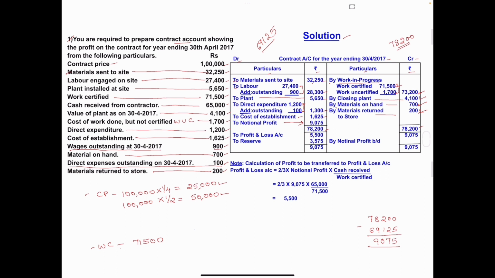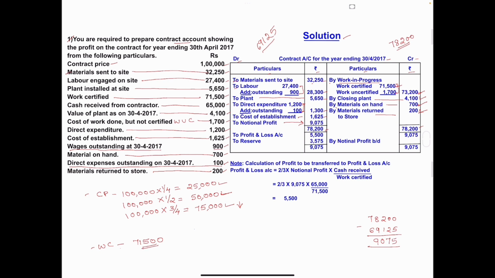The third condition is if the work certified amount is more than half but less than three-fourth of contract price. So we'll calculate the three-fourth of contract price. 1 lakh into three-fourth, you will get 75,000. So the third condition is if the work certified amount is more than half but less than three-fourth of contract price.